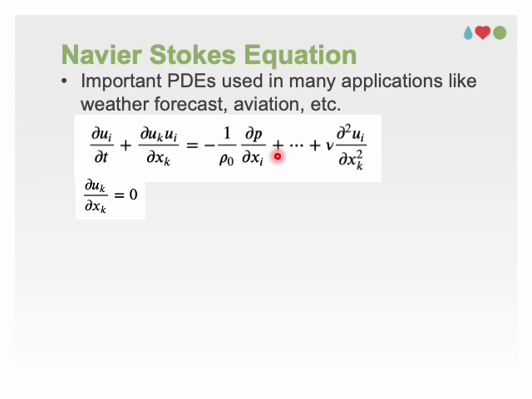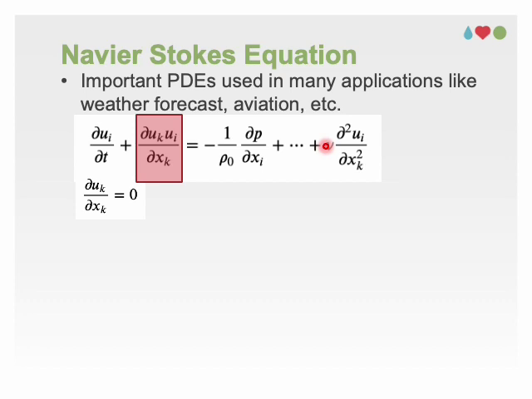While I won't explain the different terms of this equation here, I would like to emphasize the importance of the second term on the left-hand side of this equation, which is called the advection term. The advection term plays a significant role in the modeling of turbulent flows, as it is responsible for the transfer of energy between different scales and the mixing of fluid particles.